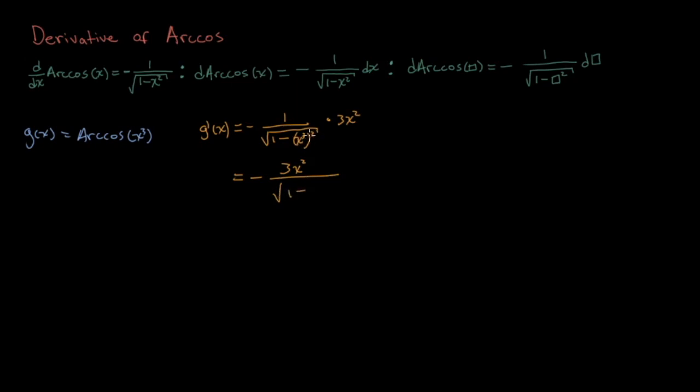Now, to simplify this term, we just multiply the 2 by the 3 in the exponent, which will give us x to the power of 6. And the square root of that. So that would be the answer for the derivative of this function here.